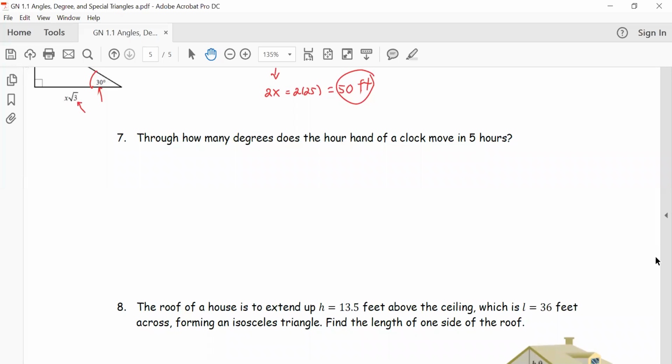Next one: through how many degrees does the hour hand of a clock move in 5 hours? Let's draw a clock. 1, 2, 3, 4, 5, 6.